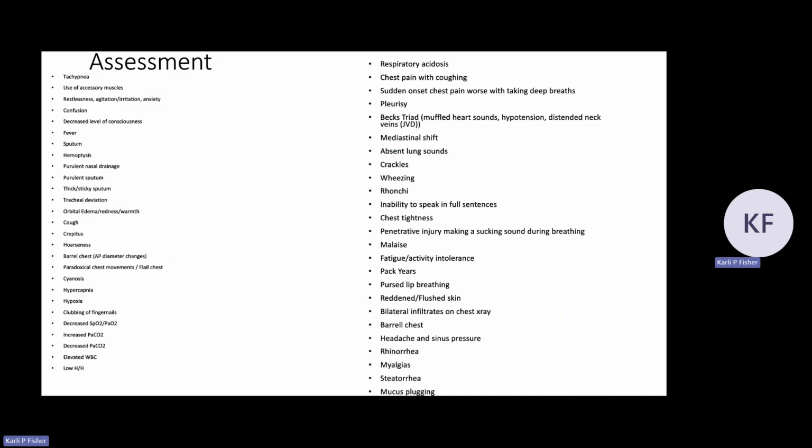Decreased SpO2, increased PaCO2, decreased PaCO2. You guys are familiar with those. Elevated white blood cell counts. So obviously that can be signs of infection in our patient. And especially if we're dealing with respiratory issues, pneumonia or things of that nature, we need to be familiar with that. Low H and H or your hemoglobin and hematocrit. Okay, so if your hemoglobin is low.